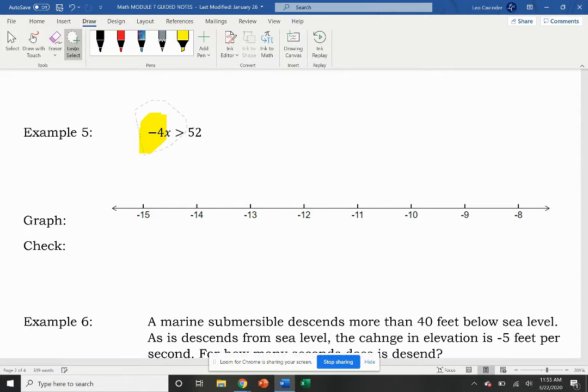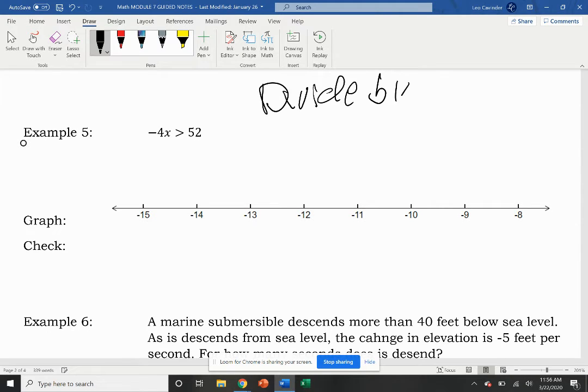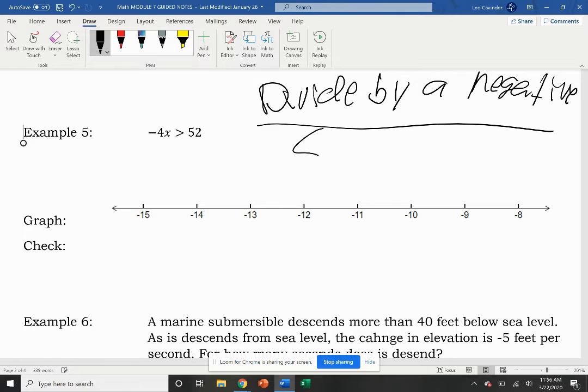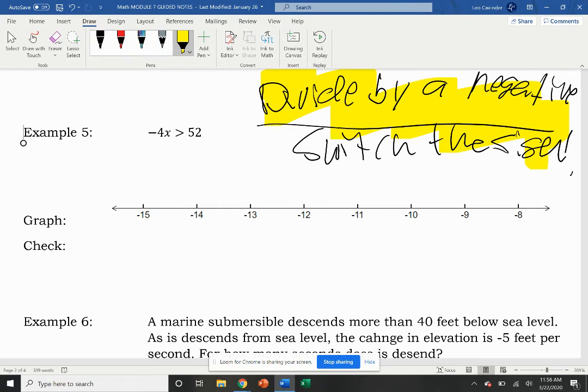So a negative sign, when we're dividing by a negative, we need to switch the sign. Okay, that is super, super important because that's where a lot of mistakes happen, because some people don't do that.